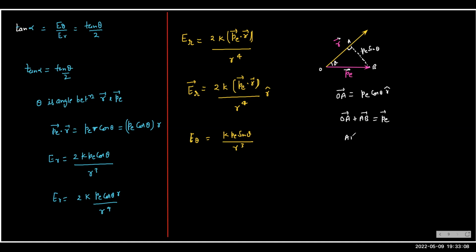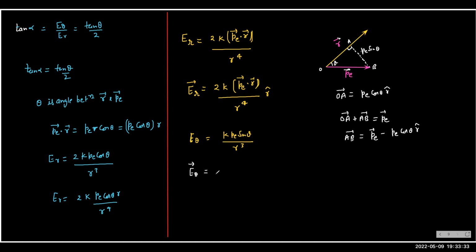So AB vector turns out to be p minus p cos theta into r cap, isn't it? Yes.